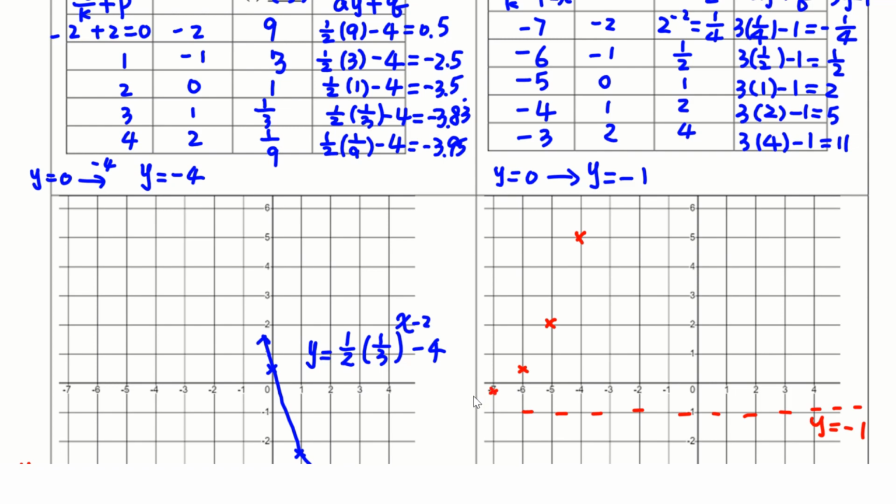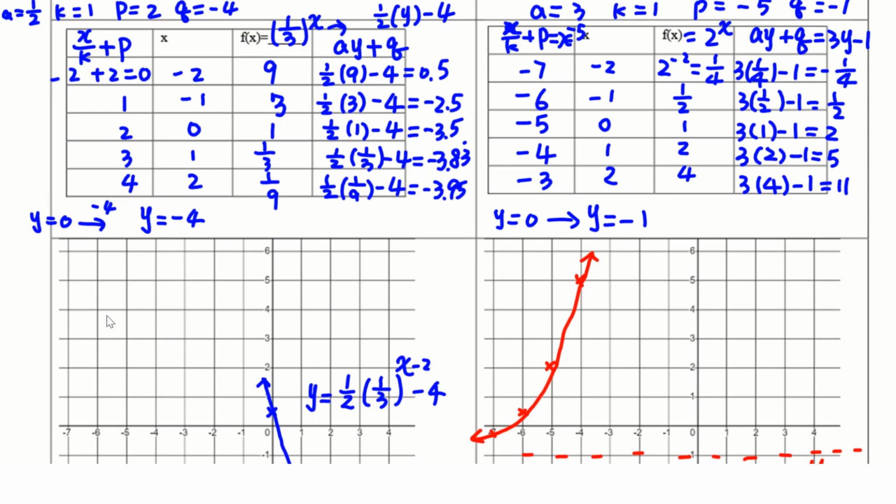So we connect them. This is the function g of x equals 3 times 2 to the exponent x plus 5, then minus 1. So this is the graph.